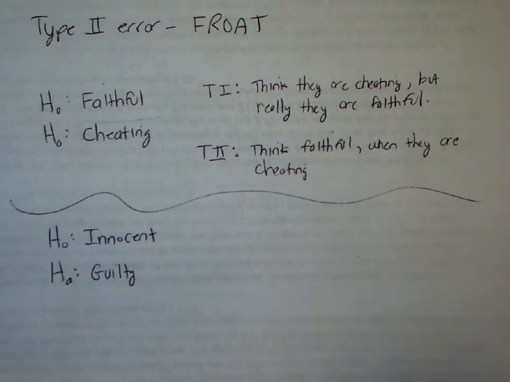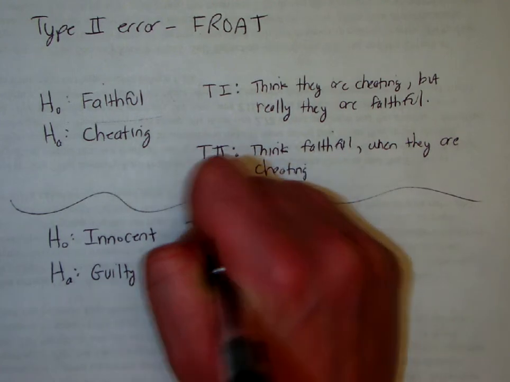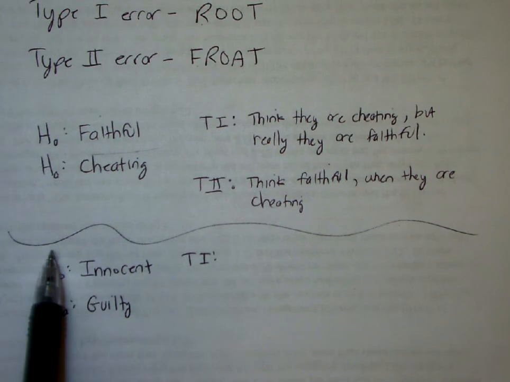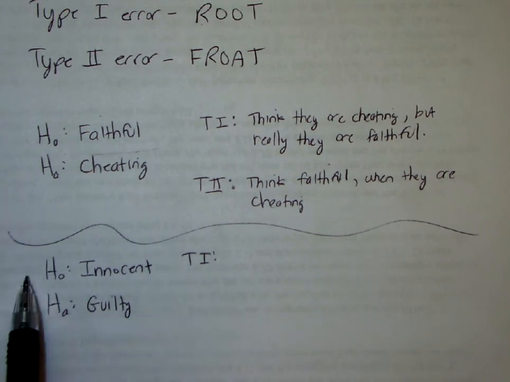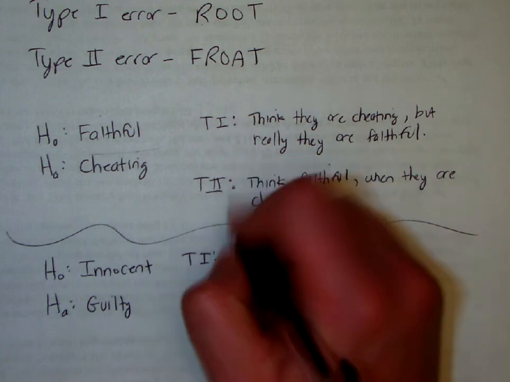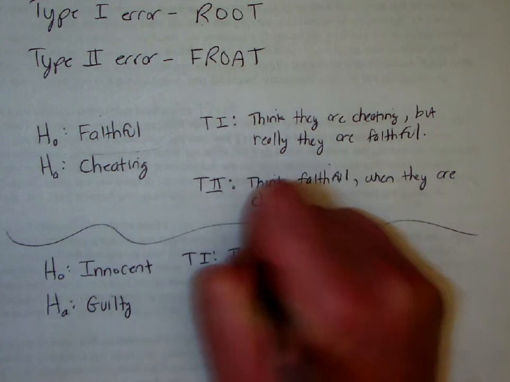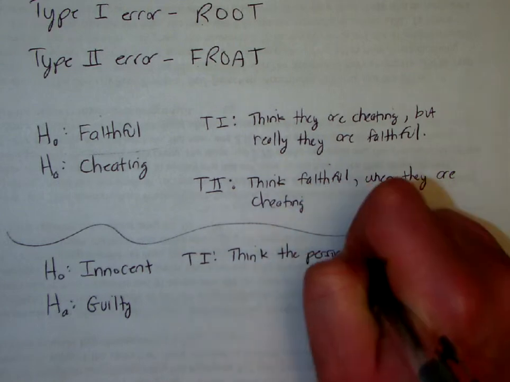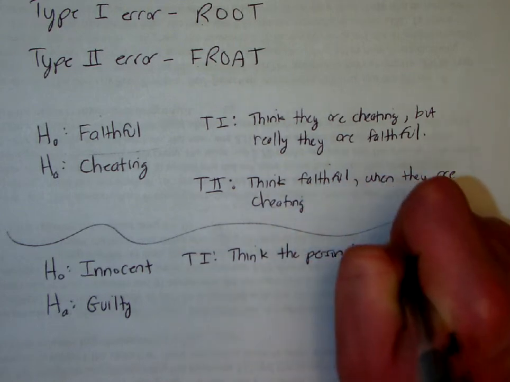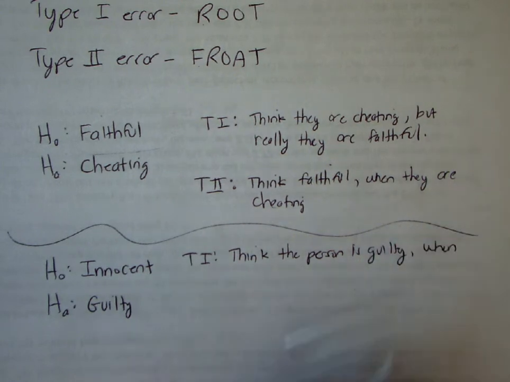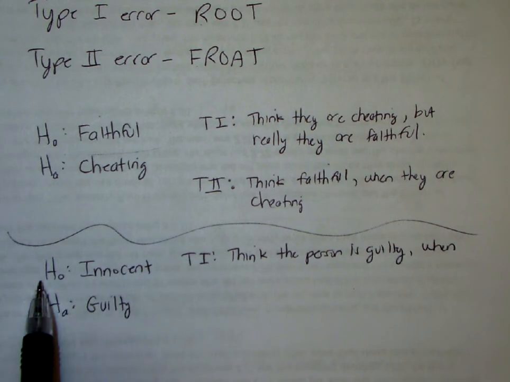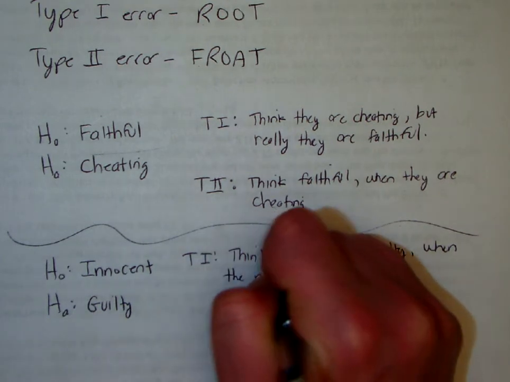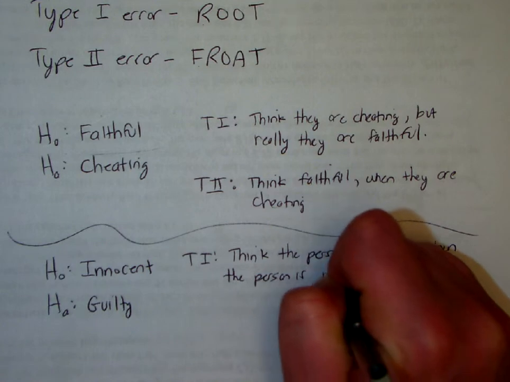So if I'm making a type 1 error in a situation like that, I'm rejecting H0, root, okay, so crossing that out. So we think the person is guilty, so we're rejecting H0, we think they're guilty when the person is innocent.